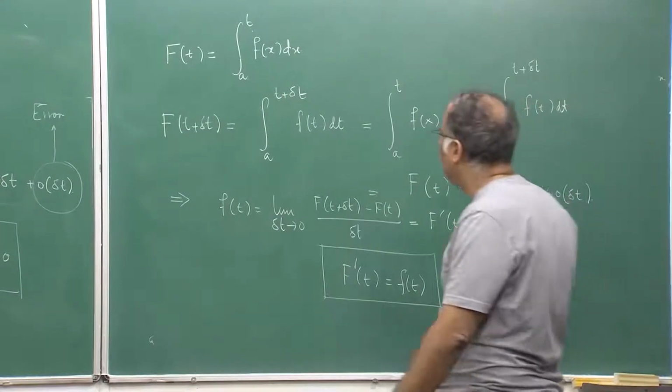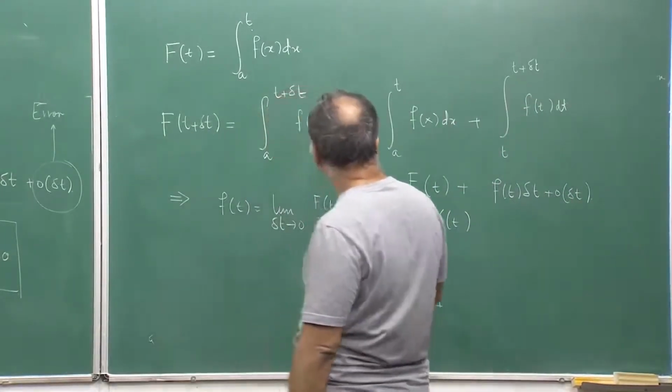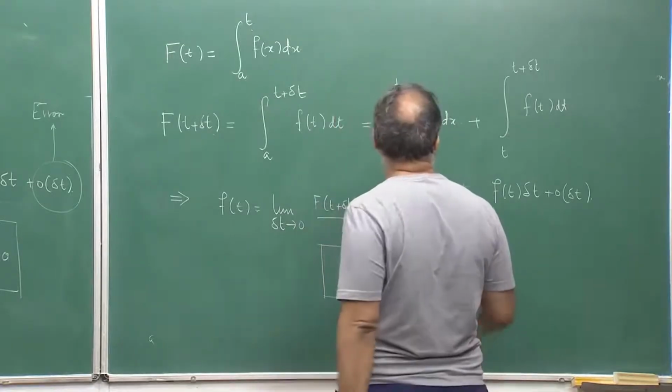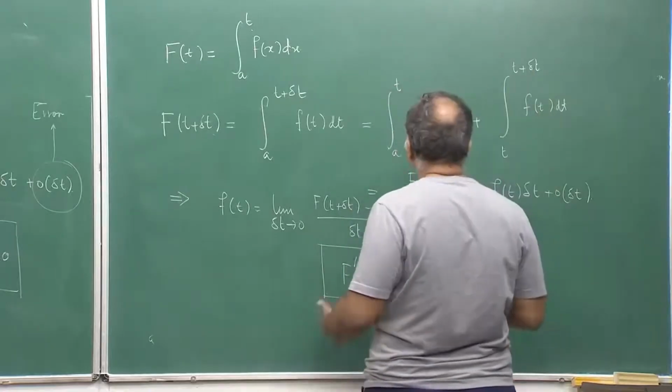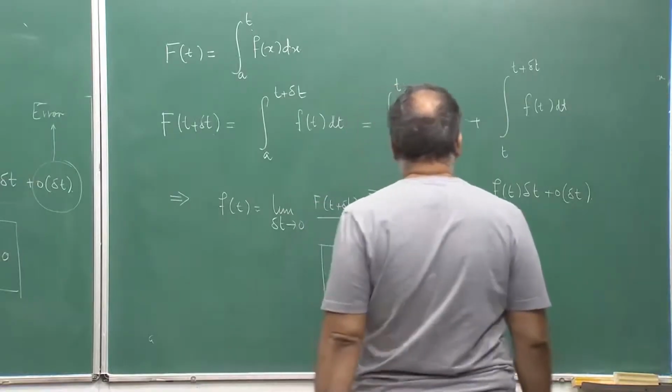Now obviously if you write f of t plus delta t, you will write it like this.